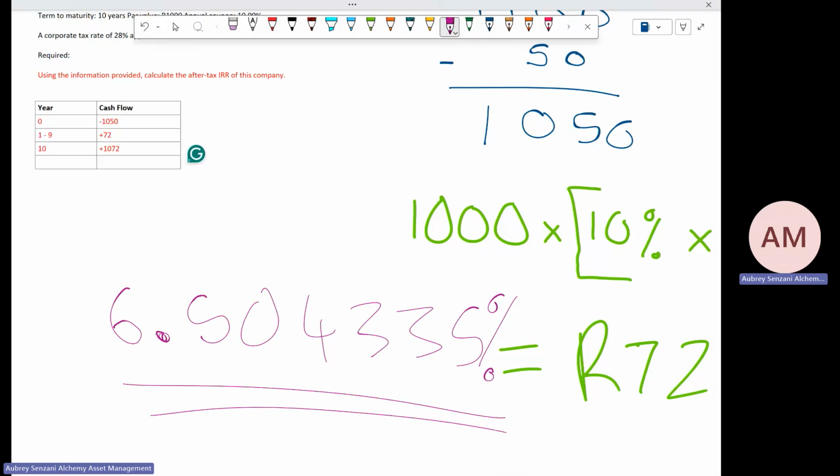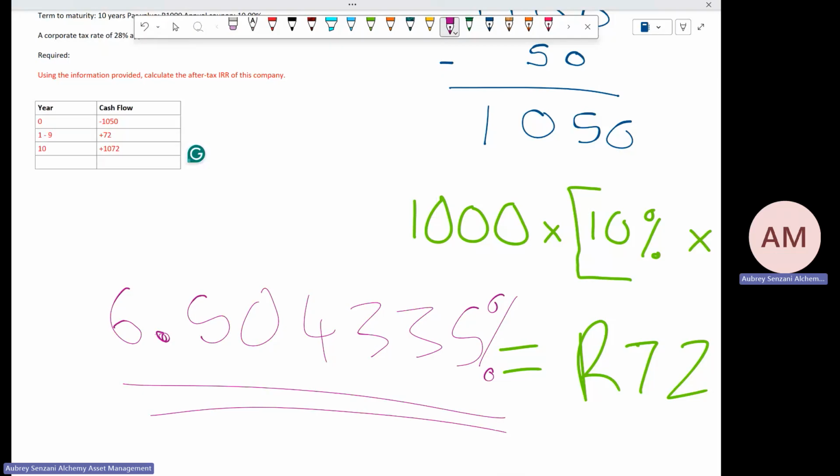Okay, so first things first, you would plug in the negative 1050, and then on my calculator, I click on enter. Then it gives me data set and then CF for cash flow, so that's my first cash flow at 0.